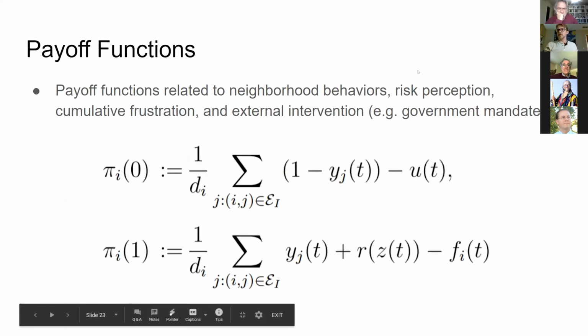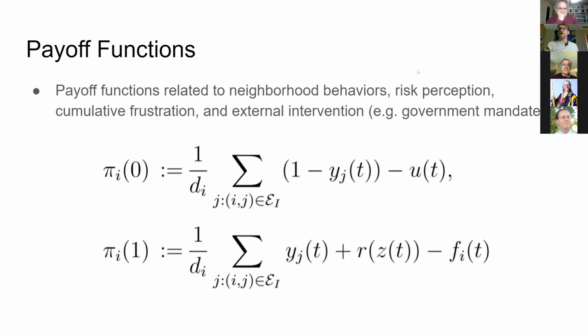We have risk perception. So if you hear the reports about the COVID numbers, you're going to think, oh, that sounds like a lot, I'm really worried, or that doesn't sound like that many, maybe it's not so big a deal in my area. That's your risk perception. We also have cumulative frustration, which represents the aggregate cost over time of complying with behaviors that are outside of your normal scope of behavior in order to accommodate the COVID situation.